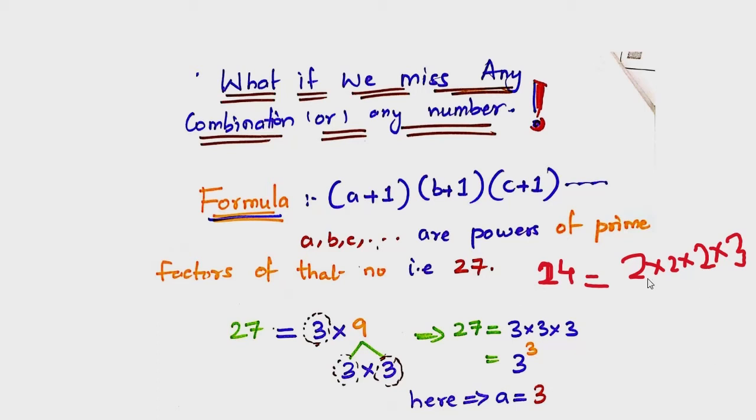As you can see, you got different prime factors. So if you club them up, you get 2 power 3 into 3 power 1. So in this case we have a equal to 3 and b equal to 1, because we are dealing with powers of different primes.